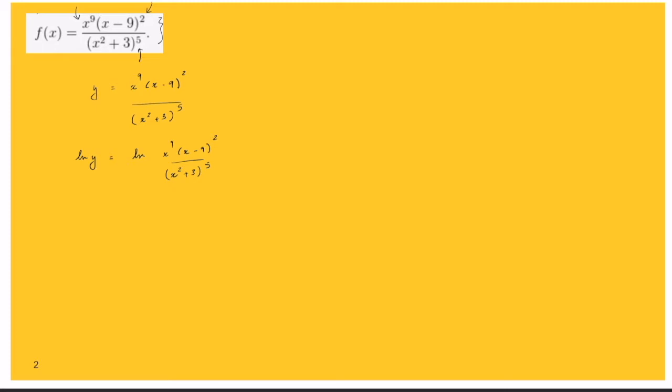Now there are some natural logarithm rules which we need to keep in mind. I'm going to list the common ones on the right hand side. The natural logarithm of a times b is simply the natural logarithm of a plus the natural logarithm of b, and the natural logarithm of a by b is the natural logarithm of a minus the natural logarithm of b.